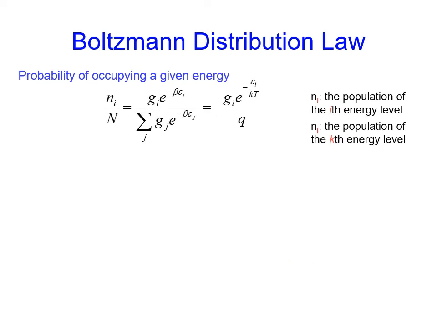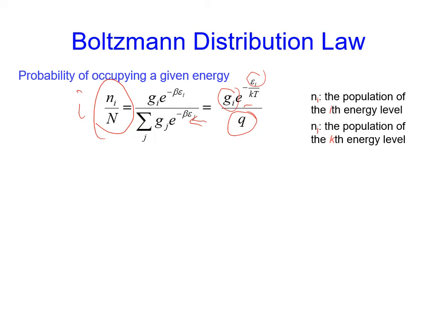The Boltzmann distribution allows us to calculate the probability of occupying a given energy level i, which equals the degeneracy of this energy level times e to the negative energy of this energy level divided by kT, over a partition function, which is the summation of this equation over all energy levels.